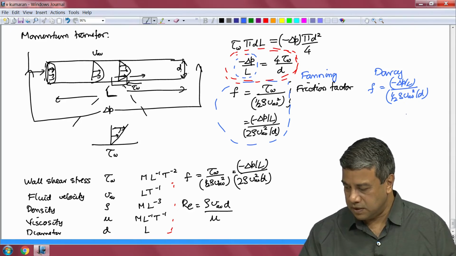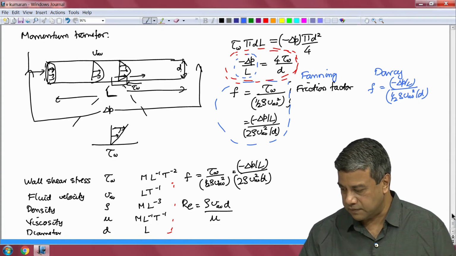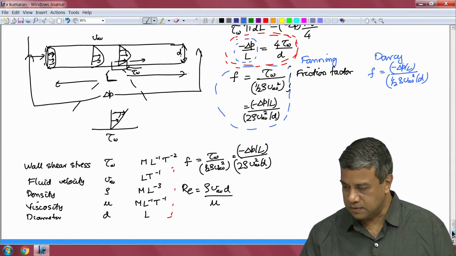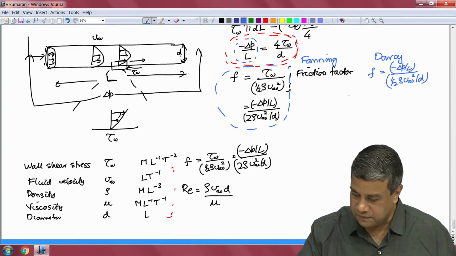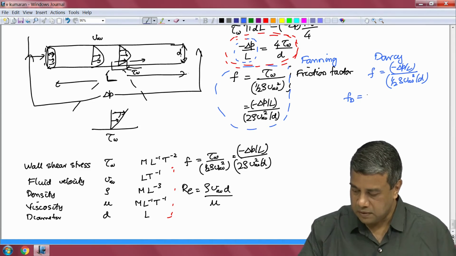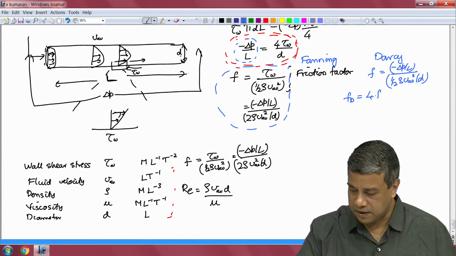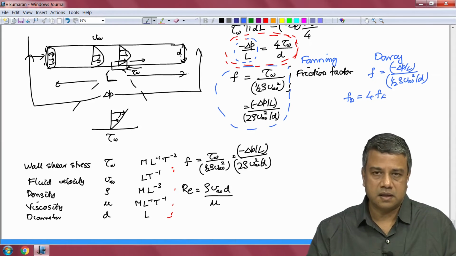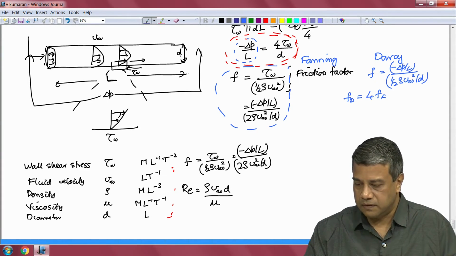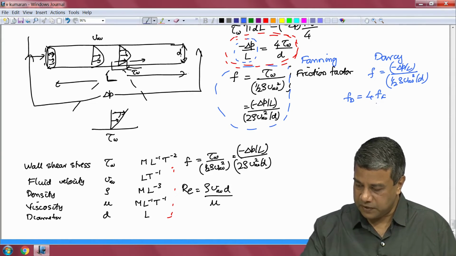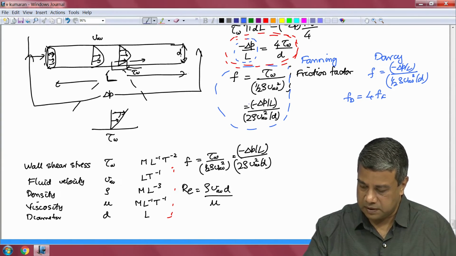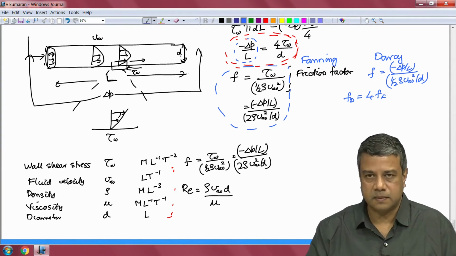The two are equivalent to within a constant value. So basically the Darcy friction factor will be equal to 4 times the Fanning friction factor. If you multiply the Fanning friction factor by 4, you will get a factor of half in the denominator.